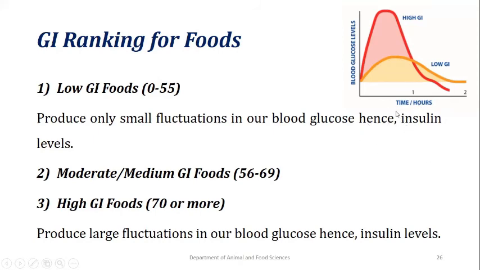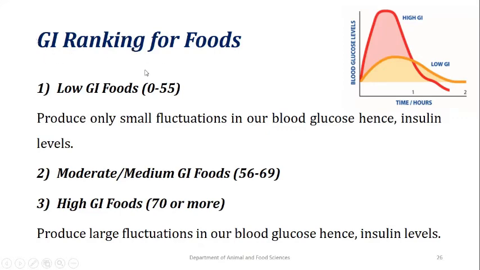Then it will become a malfunction upon higher intake of these high GI foods for a longer period of time. Then they will not work further. So that is the reason for diabetes. In diabetic patients, they have to inject insulin when the blood glucose level increases.